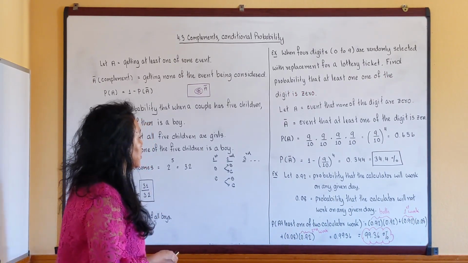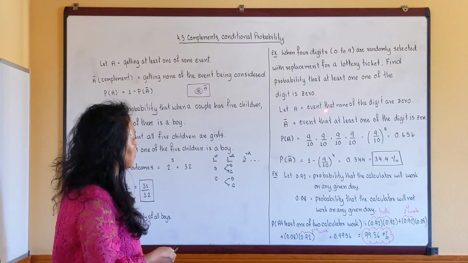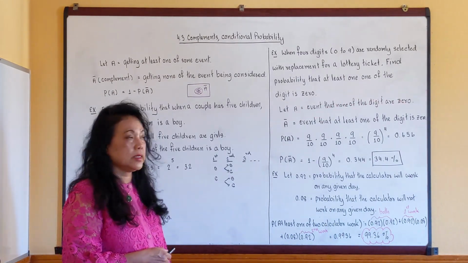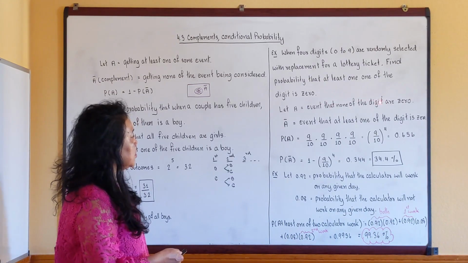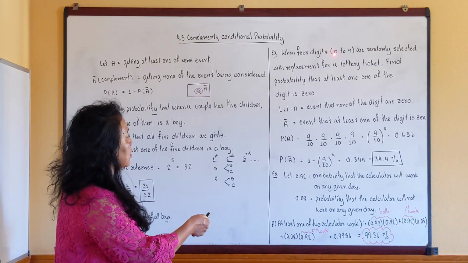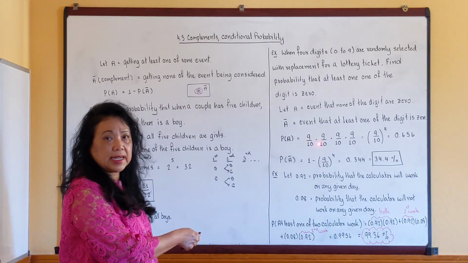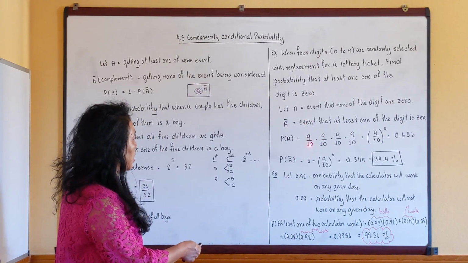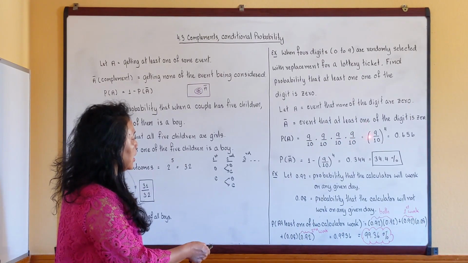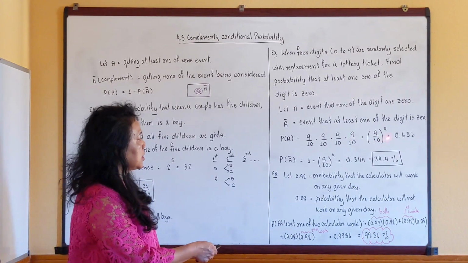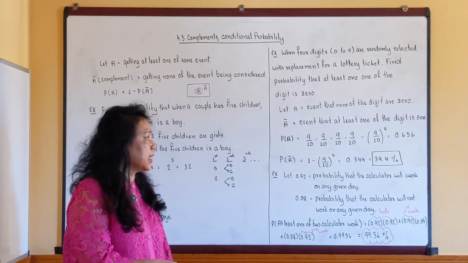So at least one. So let A be the event that none of the digits is 0. You have options from 0 to 9, you take out the 0, so you have 9 out of 10 left. And it's 4 digits, so 1, 2, 3, 4. So 9 over 10 to the 4th, which is 65.6%.